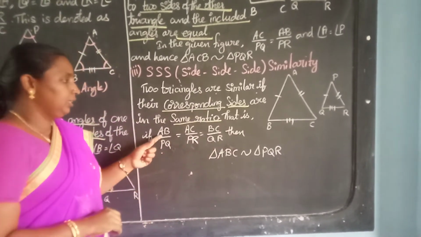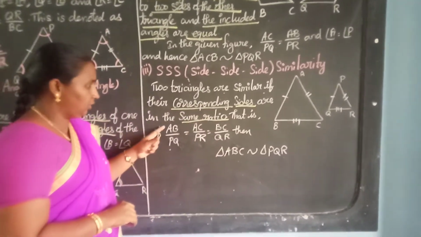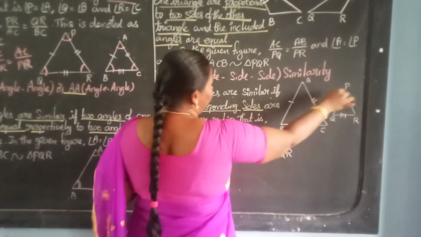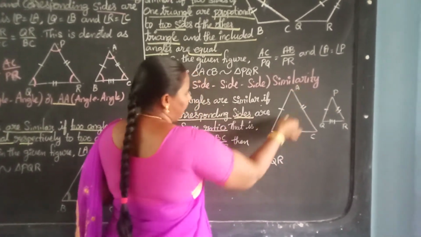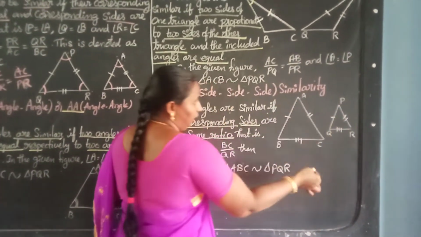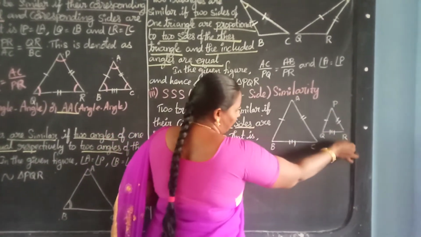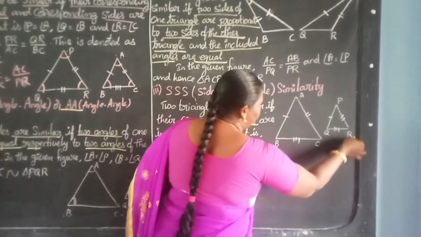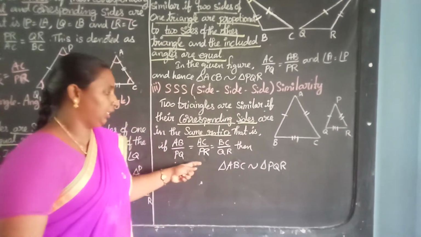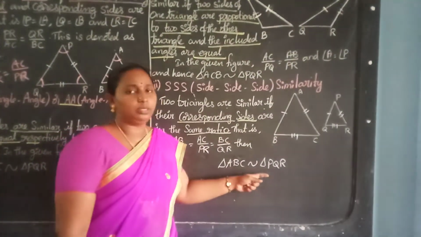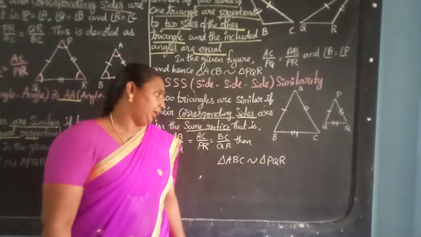Here ABC is one triangle, PQR is another triangle. So AB by PQ equals AC by PR equals BC by QR. Then we say that triangle ABC is similar to triangle PQR.